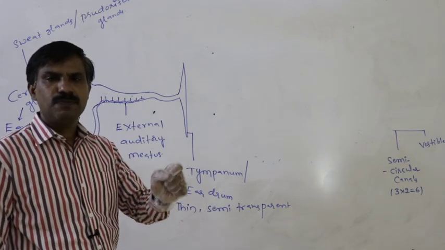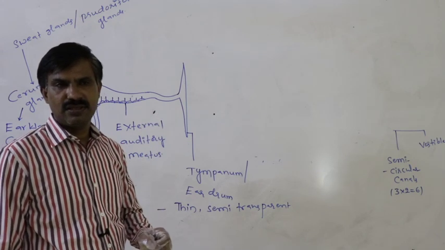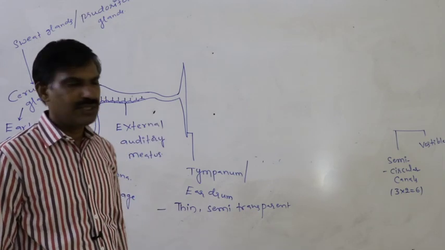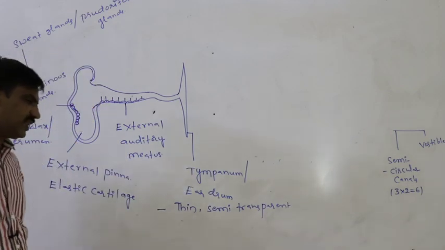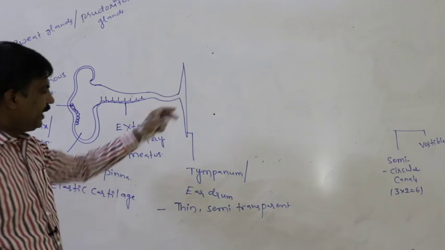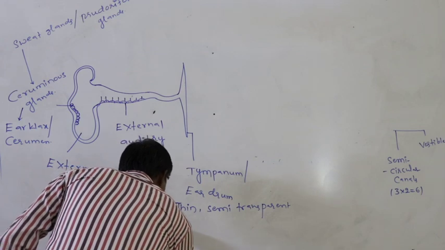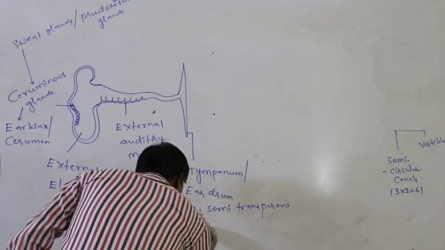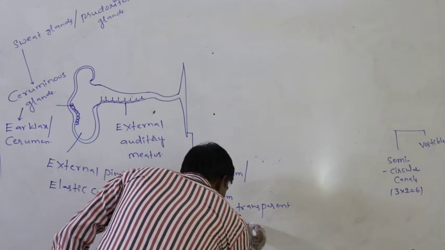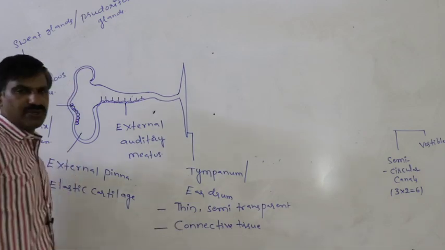Partially it allows the passage of light through it, so that is said to be semi-transparent. Again, the eardrum or tympanum is principally made up of connective tissue.